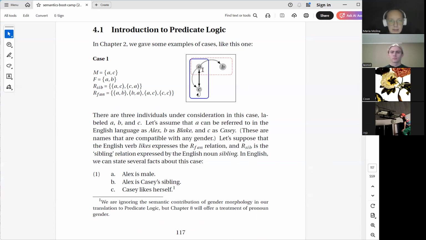Now, Alex is Casey's sibling. And we remember that sibling is a reciprocal relation. So if Alex is Casey's sibling, then Casey is Alex's sibling as well. So that's why we've got this.